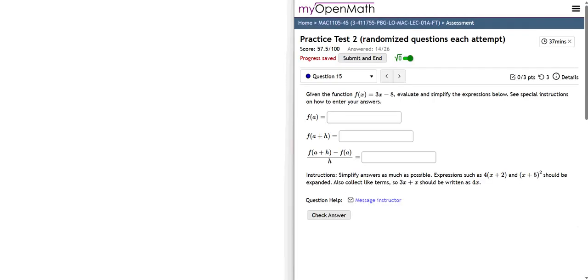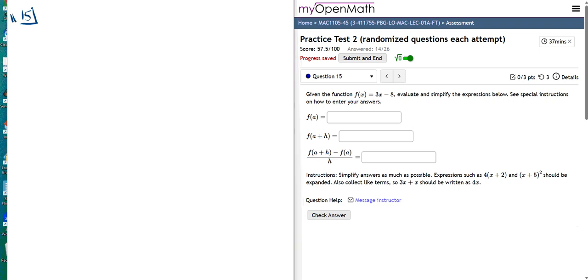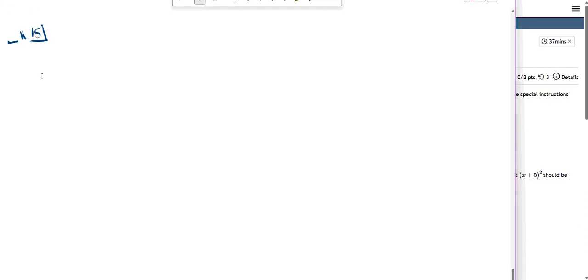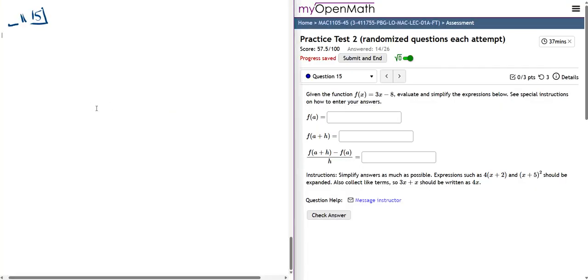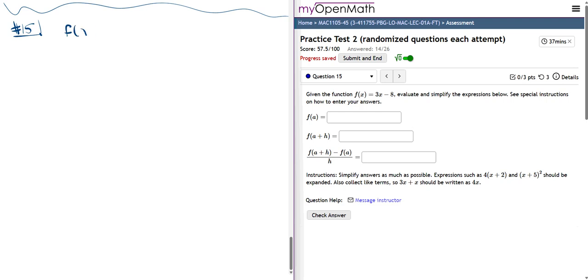Number 15. Okay, so now we have given the function f of x equals 3x minus 8.